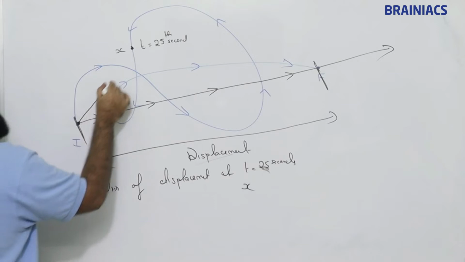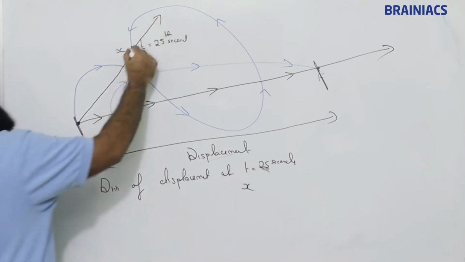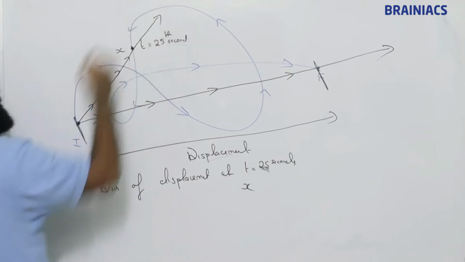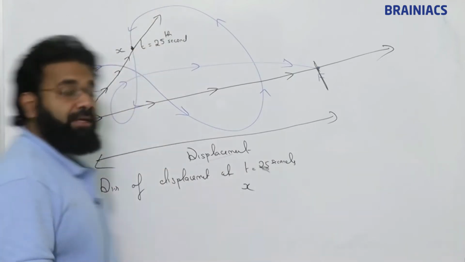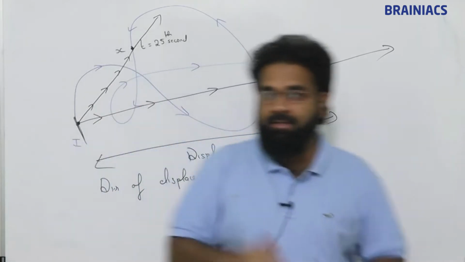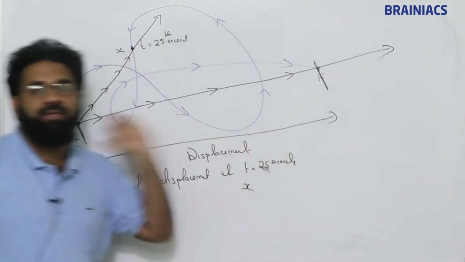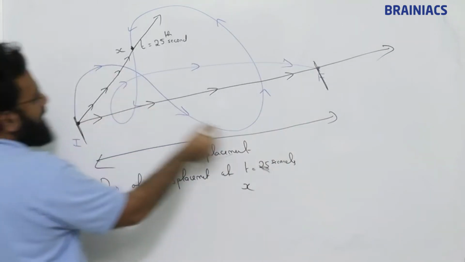We will mark displacement in this direction. So direction of displacement is this now. Clear? So at this instant displacement has changed. At that instant displacement is not the total displacement. This has changed. Likewise, the vehicle is moving like this.